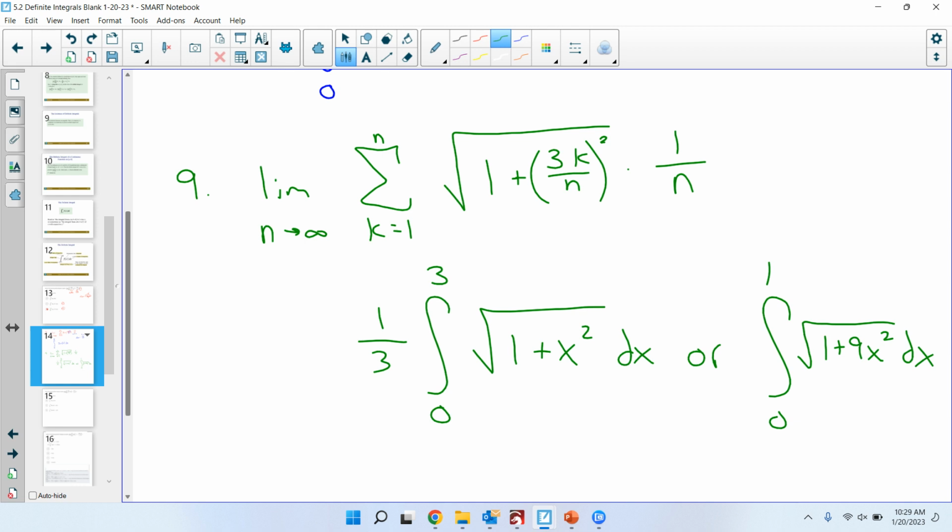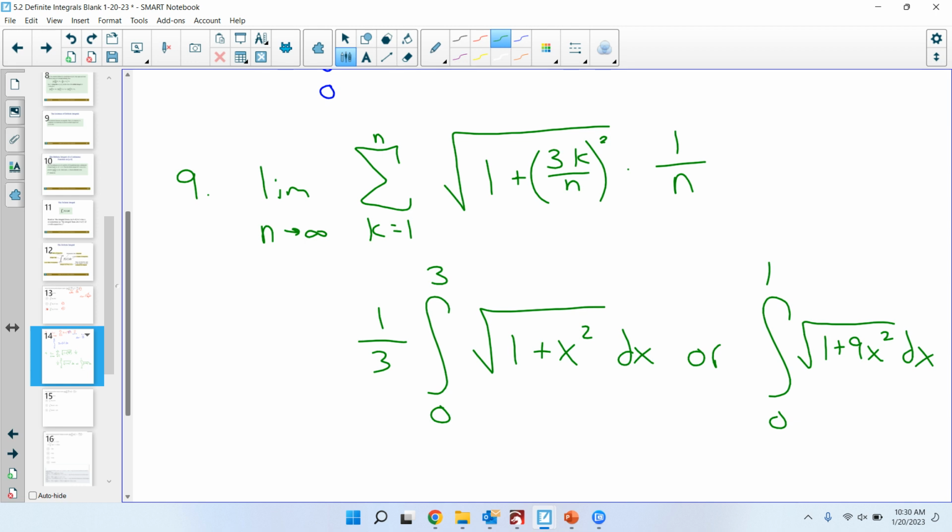Who can come up with the first one? You can consider 3 as the interval, and that means 1 over n is 1/3 of dx. And you can take that out of the integral, so it's the constant. Good. Yep. Do you see that? Can you say it one more time? You can consider 3 as the interval, because it's 3k over n.